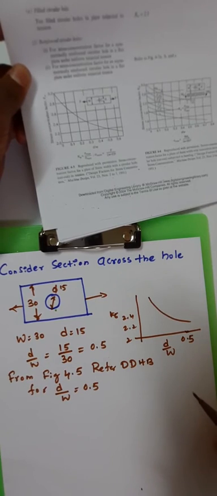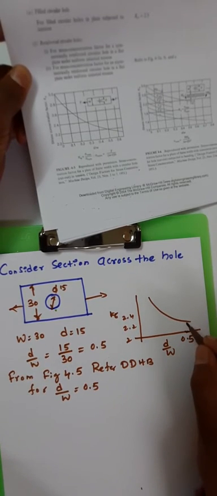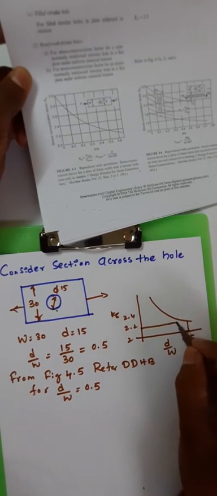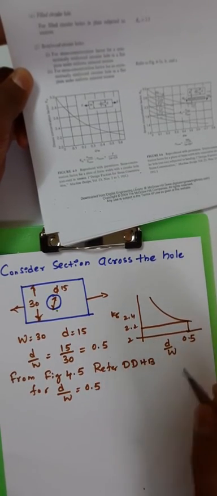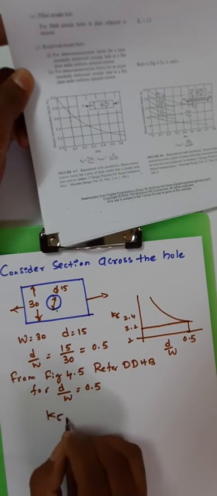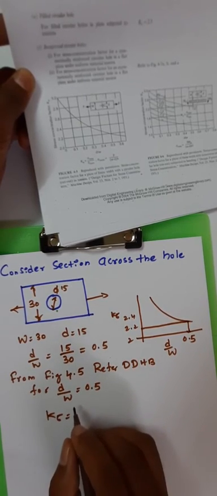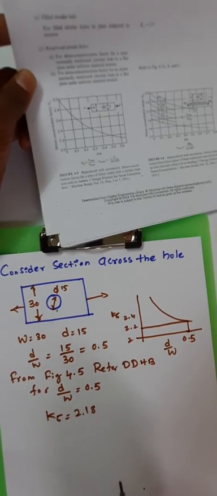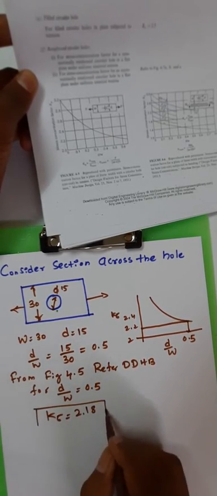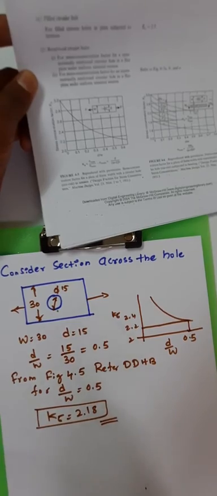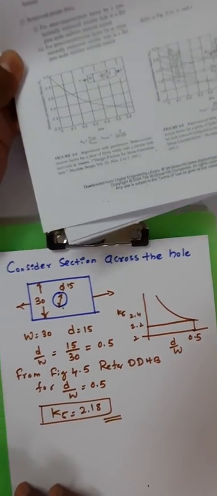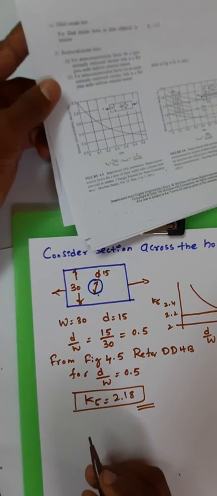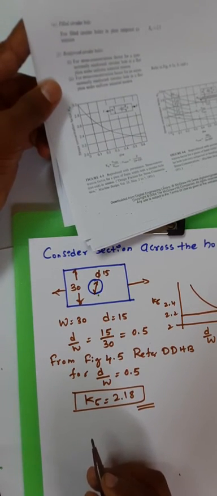Where 0.5 exactly coincides, draw one line, which gives K sigma is equal to 2.18. This is the value for the stress concentration. In the same way we need to determine the thickness by using these values.